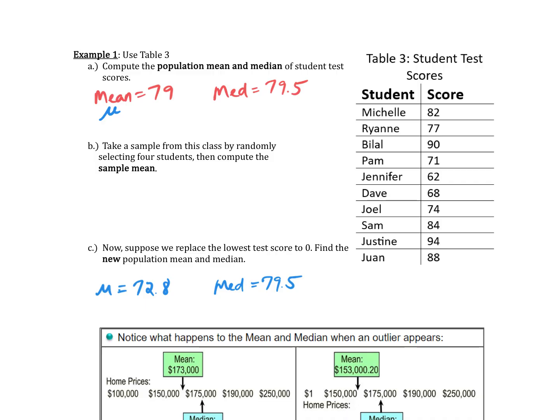What do you notice happens when I have an extreme value that doesn't really fit in the data? What's affected? The mean, which makes sense, right? Median doesn't really become affected at all.